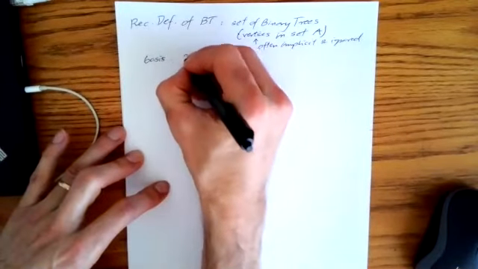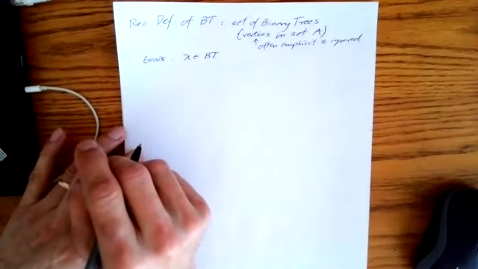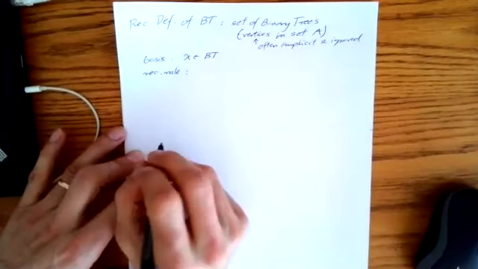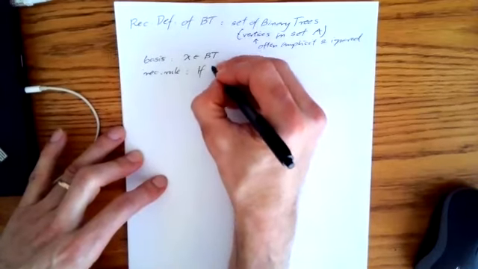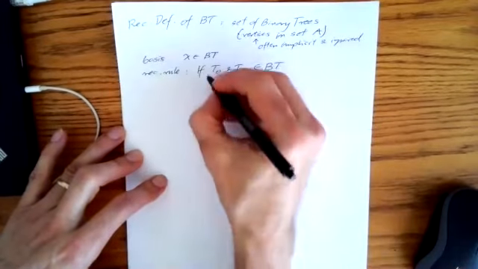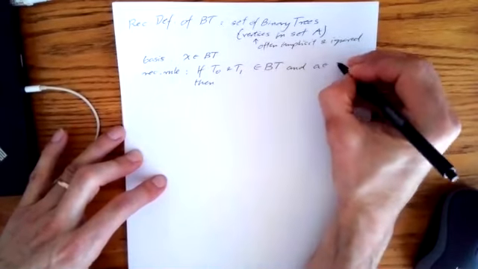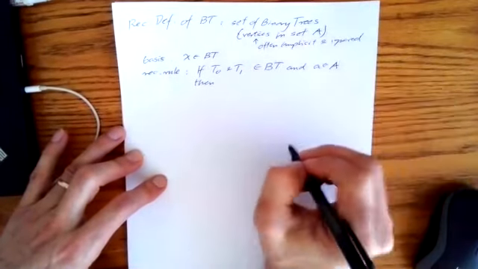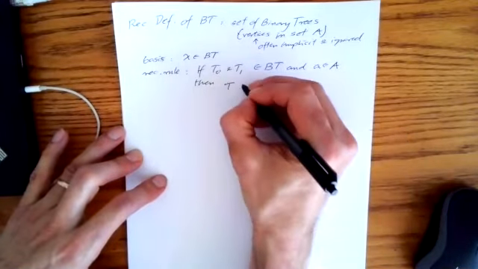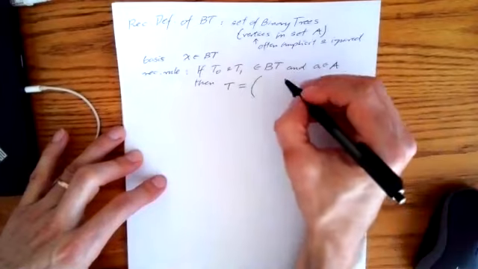The base case is that I'm going to declare the empty string to be a binary tree. And the recursive rule is such: if T0 and T1 are both elements of the binary tree set, and A is some vertex, an element of set A, then the following object, which will be a graph, basically a picture, is also a binary tree.